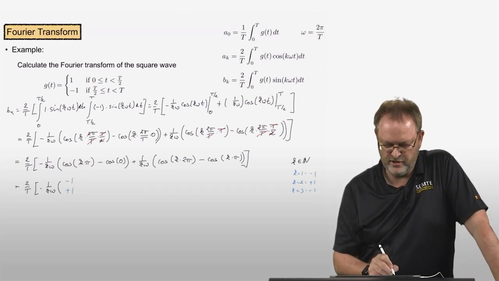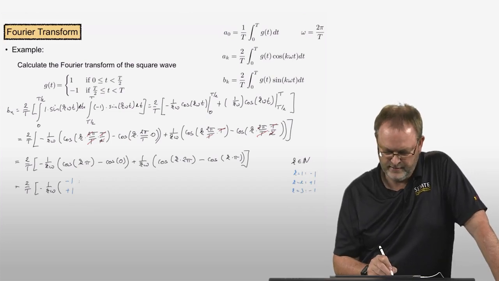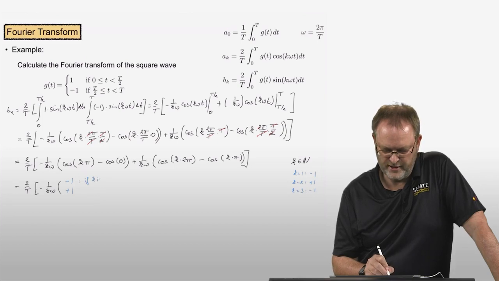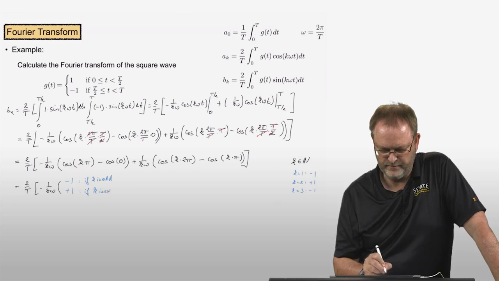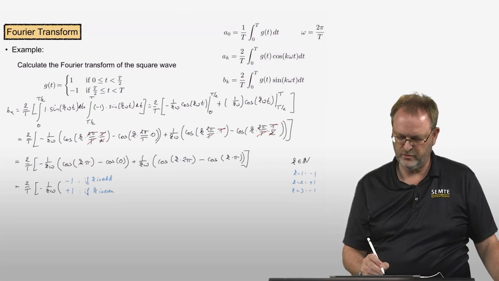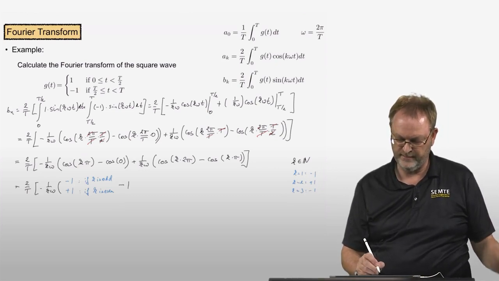And that depends on, right, if k is odd it's minus 1, and it is plus 1 if k is an even number. Okay? And then we have minus the cosine of 0, so that's minus 1.